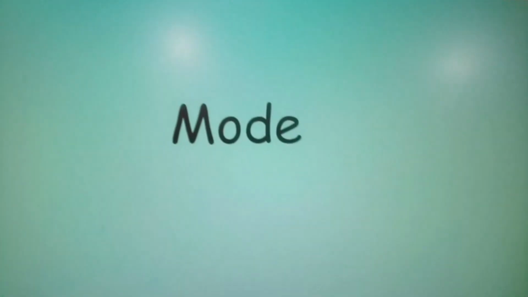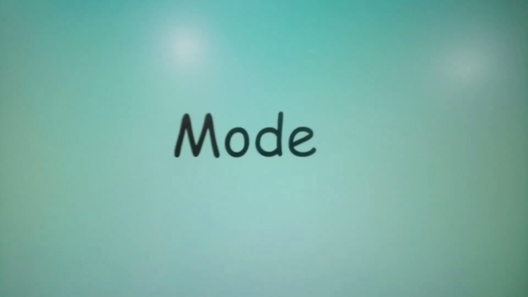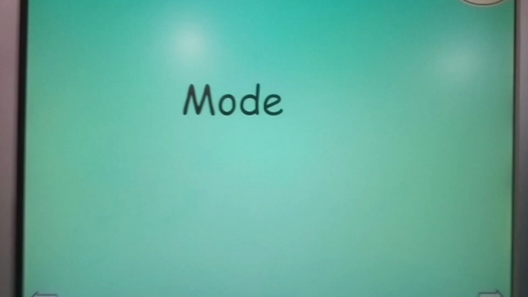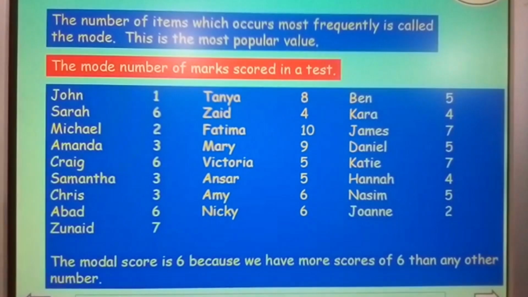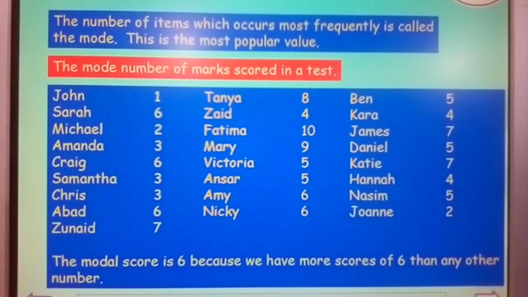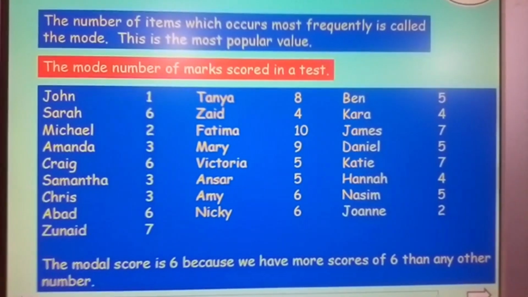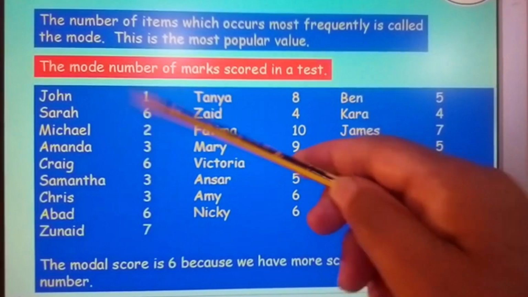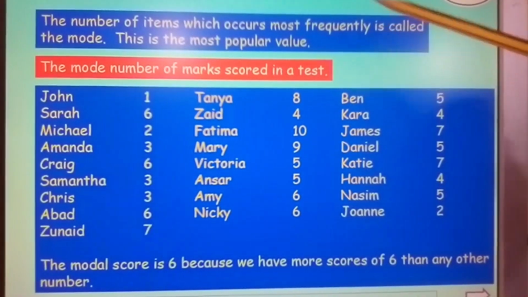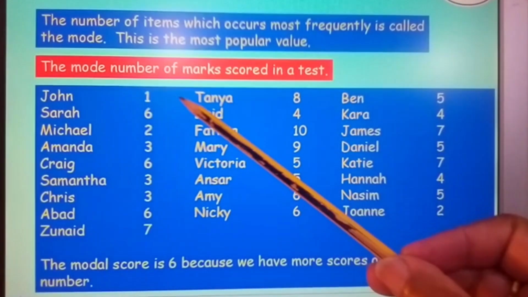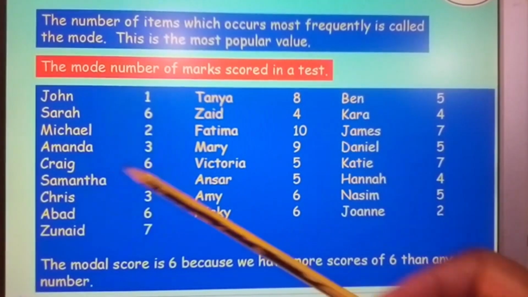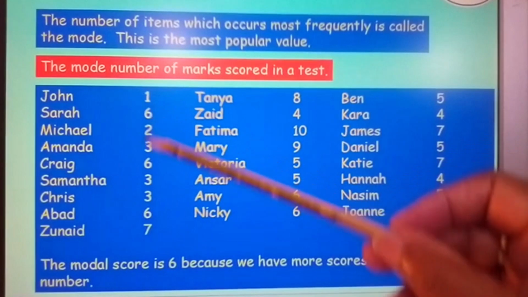Averages: mode. Now the number of items which occurs most frequently is called the mode. This is the most popular value. The mode number of marks scored in a test. John, Sarah, and others scored these marks.